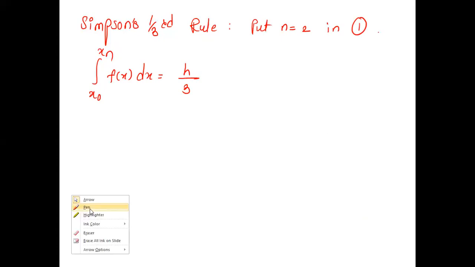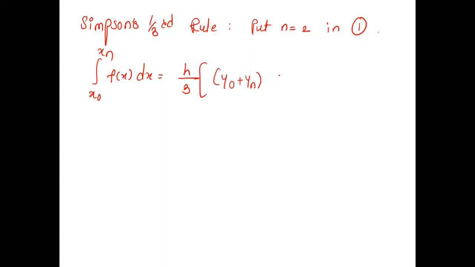In bracket, y0 plus yn, same again, first plus last, plus 2 times y2 plus y4 plus y6 and so on, and plus 4 times y1 plus y3 and so on.